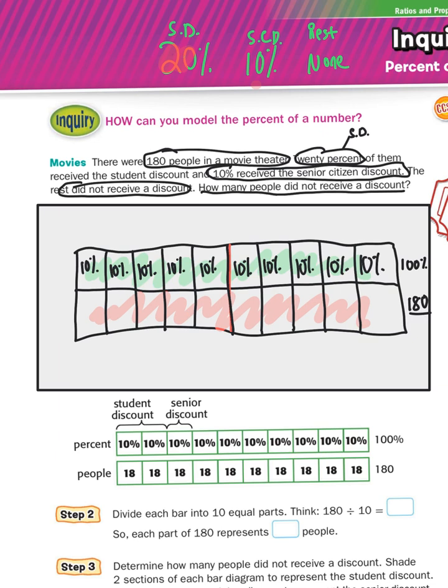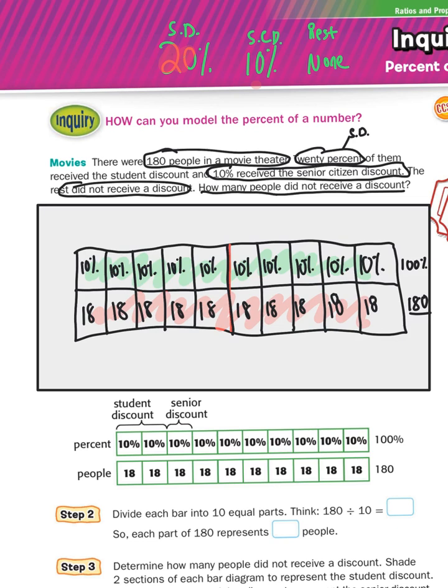Now, remember the people, there's 180 people, but we divided those 180 into 10 pieces as well. So 180 divided by 10 is 18. In each one of these, there's 18 people. This is going to help you understand that every 10% is 18 people, right?